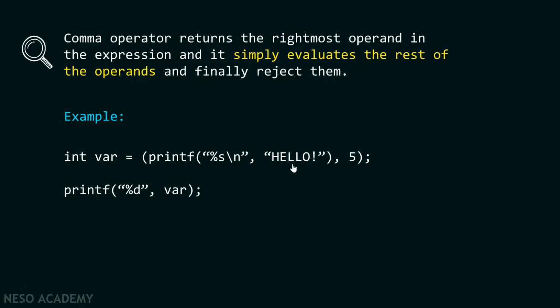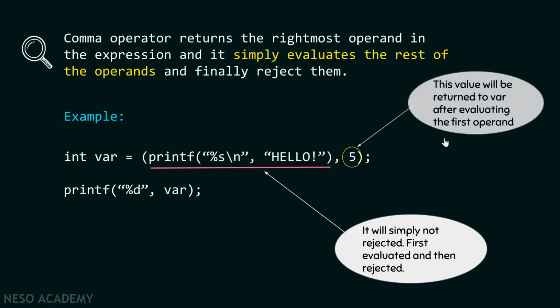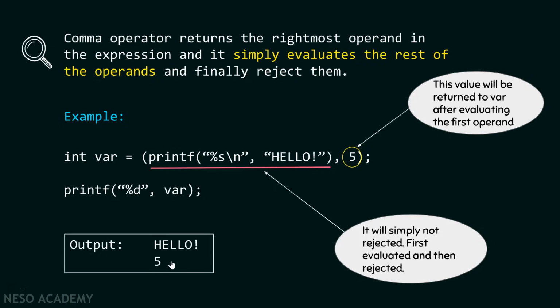You are right. 5 will be returned to this variable, but it will not simply reject this statement. First, it will evaluate this statement and then reject it. This is what we need to know. And this value will be returned to the variable after evaluating this operand. Therefore, the final output is hello and 5. As this function will be evaluated first, therefore hello will be printed first, and then after that, this particular value will be returned to this variable. And finally, we will print this particular variable.